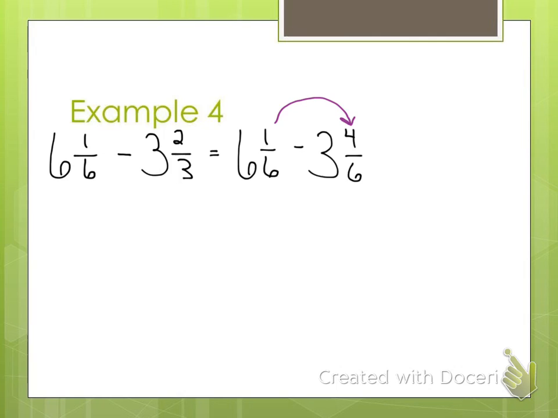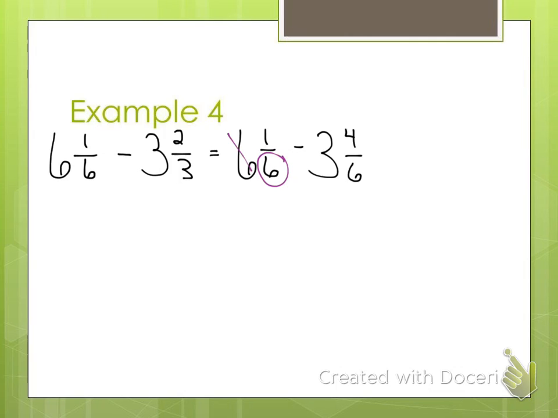What do I borrow from? Okay, now this is important. This is probably the most difficult part of the lesson. How do I know what to do? Well, my denominator tells me. My denominator tells me how many pieces are in the whole. So if the 6 is in the denominator, that means there's 6 pieces in the whole.